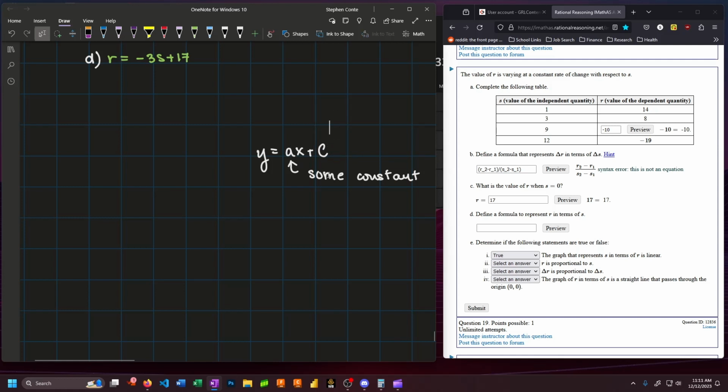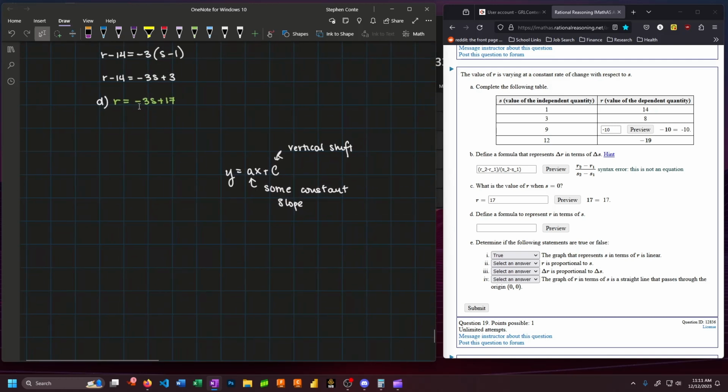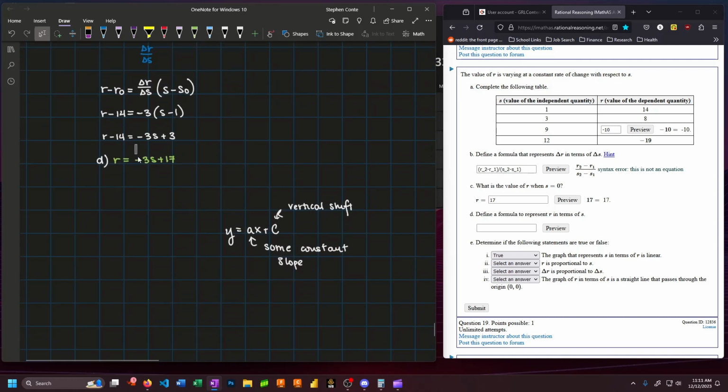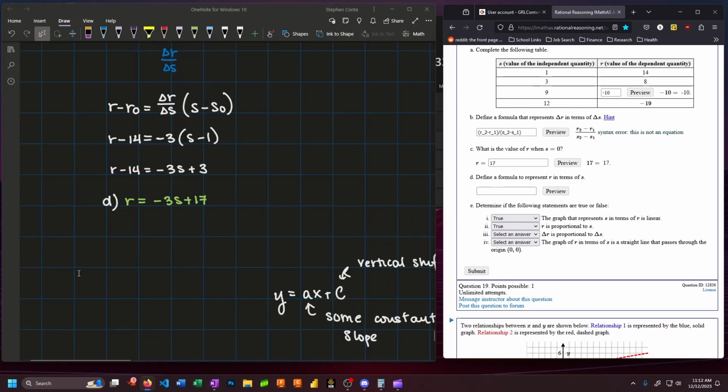But this a represents the slope. And this c is vertical shift. And that is the equation that we have, right? We have negative 3s plus 17. So we have a negative slope plus a vertical shift. So yes, it is a linear graph.